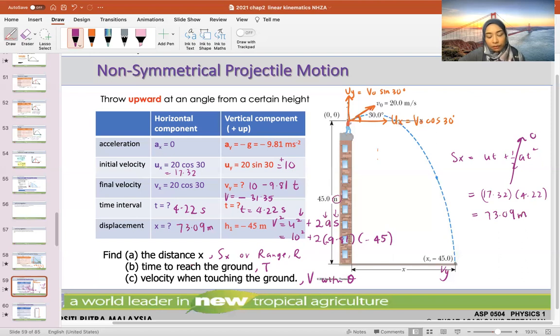What else? We solve for the distance, we solve for the time, and then we want to know what is the velocity when touching the ground. It's the same, at this point it should be easy. Vx squared plus Vy squared, Vx is this value, Vy is minus 31.35, square root. So 20 cosine 30 is 17.32 squared.